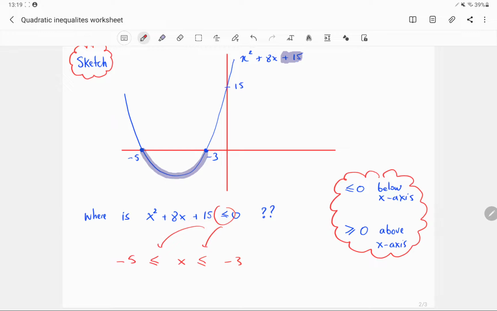There is a start and a finish, because this region starts at minus 5 and goes to minus 3 and stops. If the question had said where is the curve greater than or equal to 0, then we would have been looking at these two portions, and they are two separate inequalities. There's more on that in the next question. So this is our answer to that question.